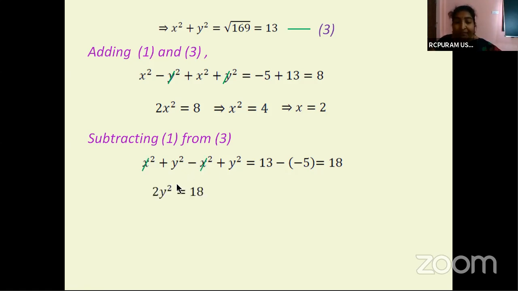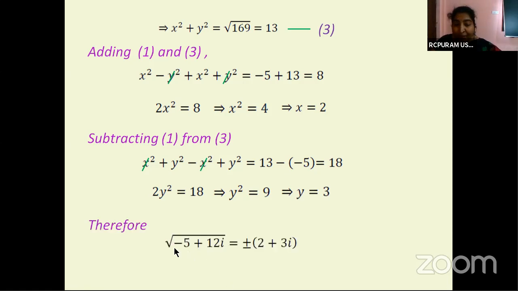So you have 2y square is equal to 18. So y square is equal to 9, implies y is equal to 3. Right? We got x and y values. Therefore, root of minus 5 plus 12i is nothing but plus or minus 2 plus 3i.